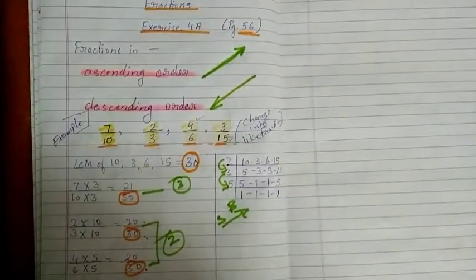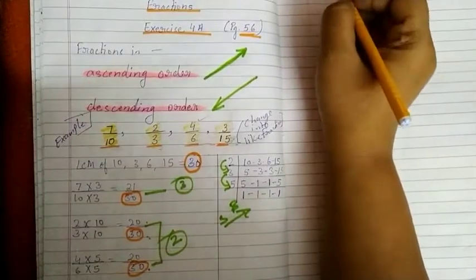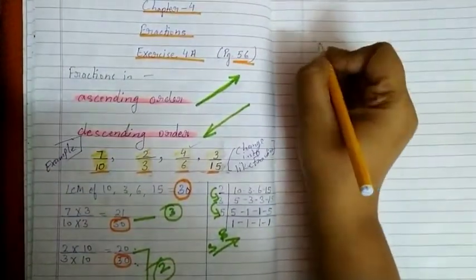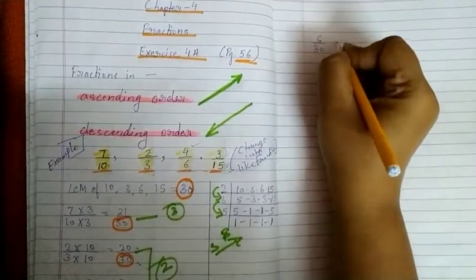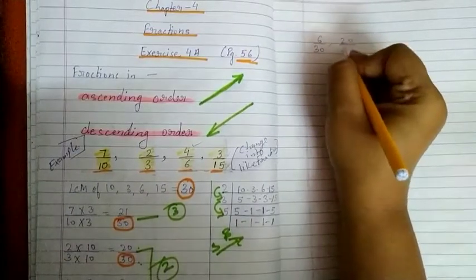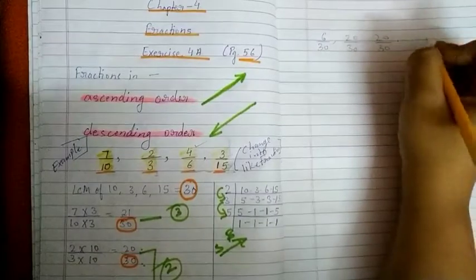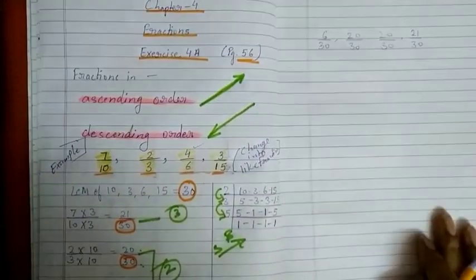If I am saying ascending order, children, how am I going to write? Ascending order means smaller to bigger. So see, children, 6 upon 30, then 20 upon 30, 20 upon 30, and then 21 upon 30.